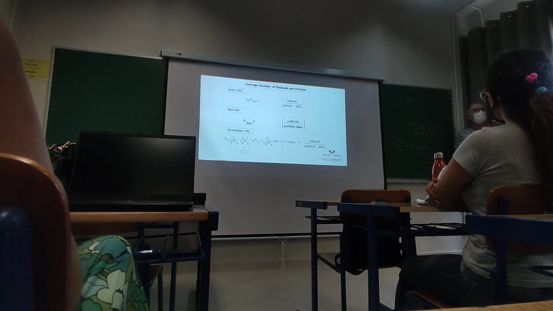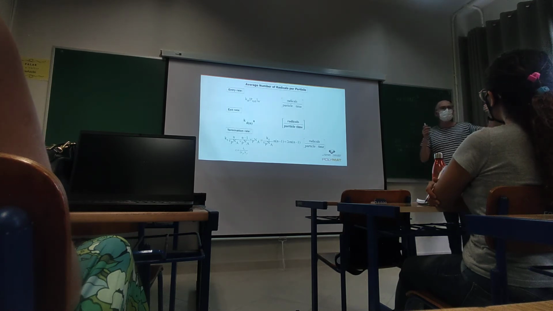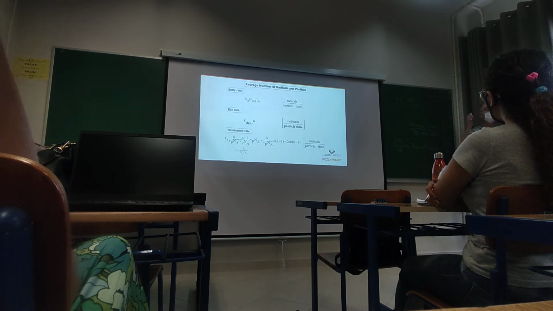Why? Because now we are calculating this in the polymer particles. The concentration of radicals in the polymer particles is very, very low. Each particle has 1, 2, 3 maximum, so the number of radicals that you have in the particles is really small. In a homogeneous system, you have a huge number of radicals.